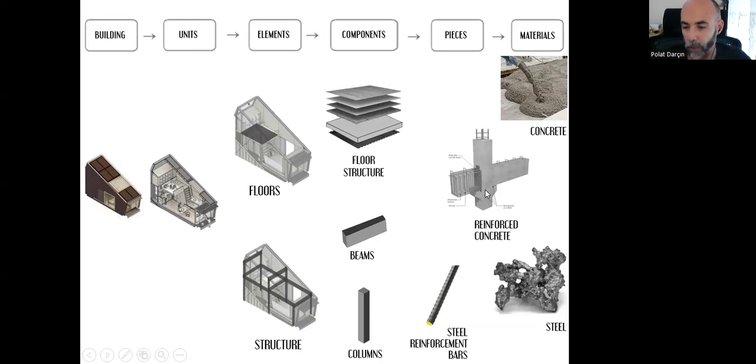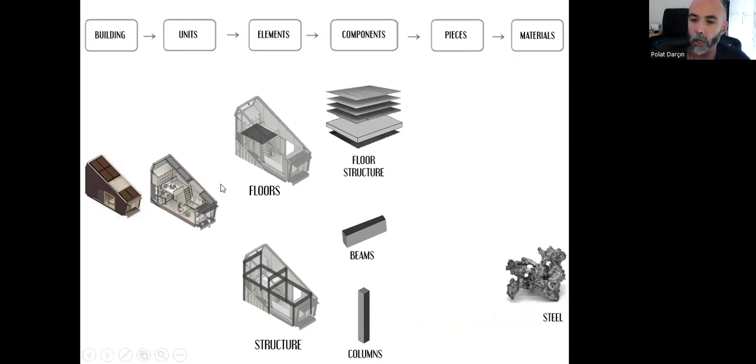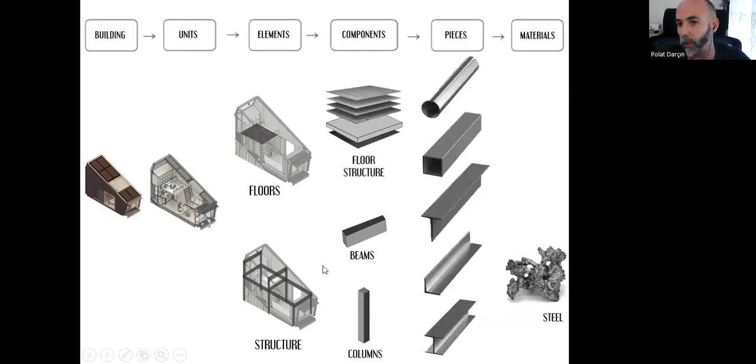And by casting concrete on a tightly created reinforcement bar cage, we can have our beams and columns and floor structure. And also we can create all these components out of steel pieces in various shapes.